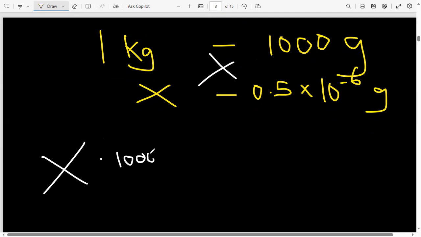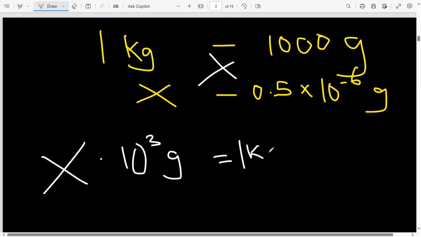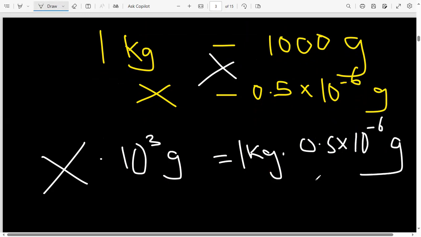Let me write this 1,000 as 10 to the power 3 to be easier. So x times 10 to the power 3 grams is equal to 1 kg multiplied by 0.5 multiplied by 10 to the power minus 6 grams. So this is what we have.